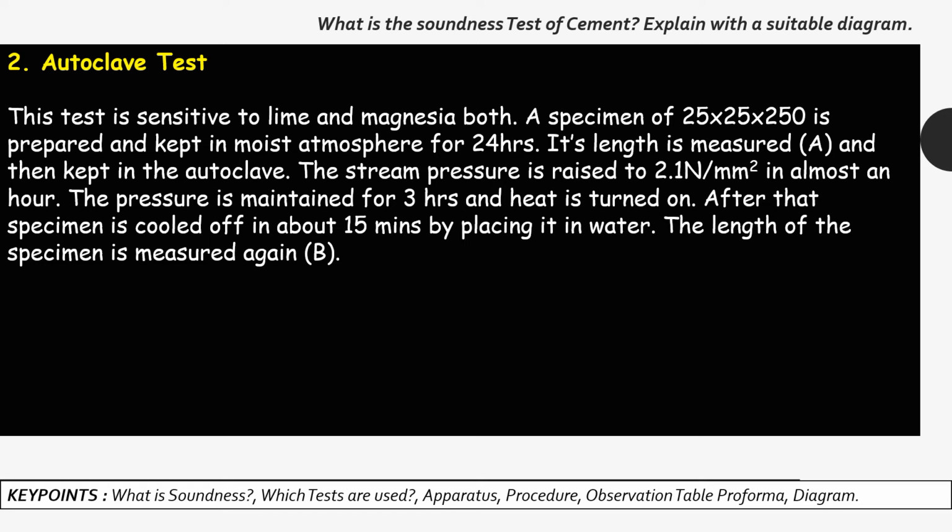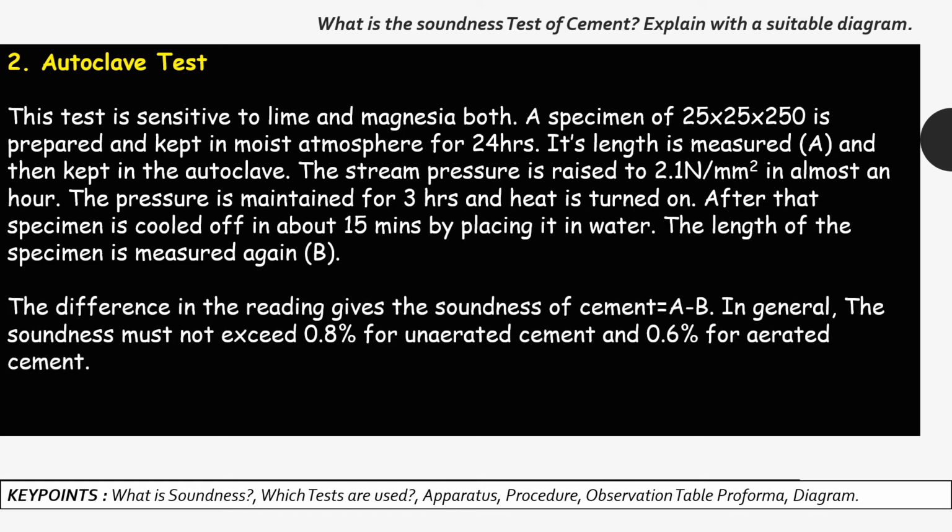Now let's see one more point here, how the calculations are done. For the calculation, the difference is calculated, that is A minus B. In general, the soundness must not exceed 0.8%, and it should not exceed 0.6% for aerated cement.